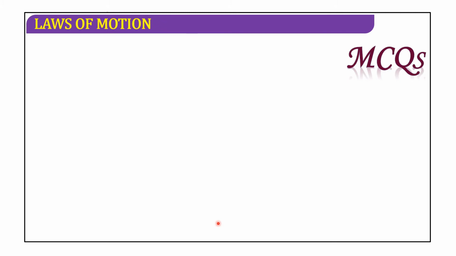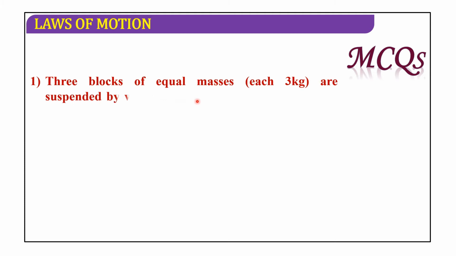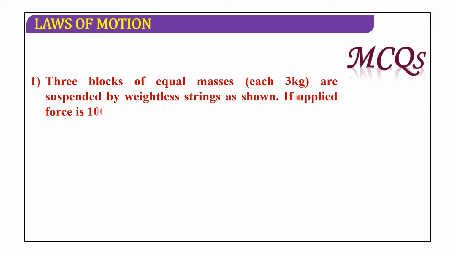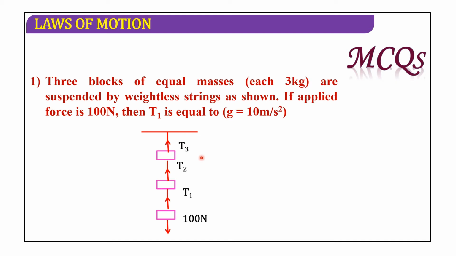Now let us discuss MCQs. Three blocks of equal masses, each 3 kg, are suspended by weightless string as shown. If the applied force is 100 newtons, then we have to calculate the tension T1.